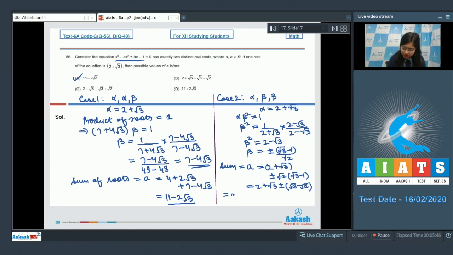So one of the possible values is 2 plus root 3 plus root 6 minus root 2, or 2 plus root 3 minus root 6 plus root 2. So 2 plus root 6 plus root 3 minus root 2, option number B is correct. 2 plus root 6 minus root 3, this one is incorrect. So only A and B are the correct answers.